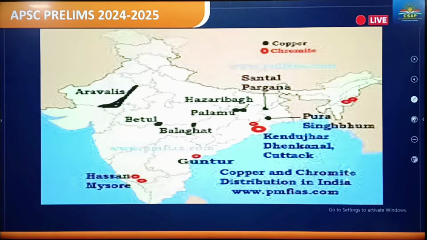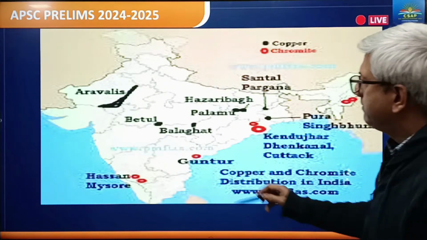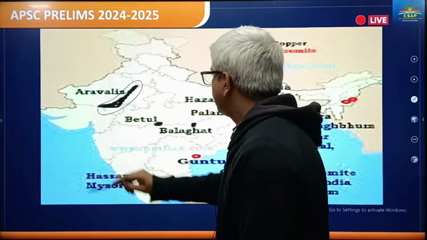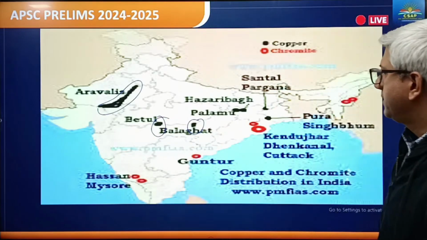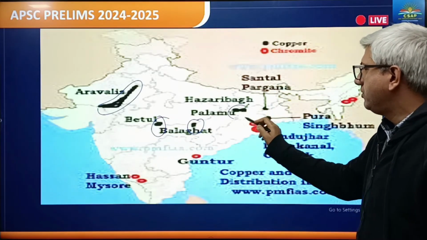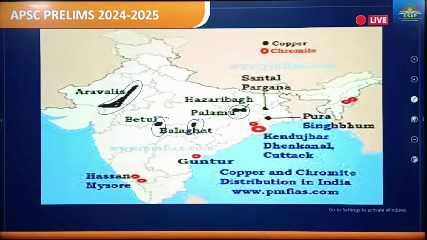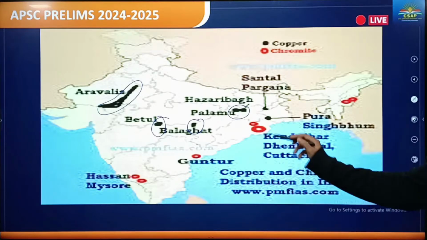So for copper, as has been shown here, maximum in this part, Betul district, Madhya Pradesh, Balaghat area, then Palamau area of Jharkhand, then Hazaribagh area.